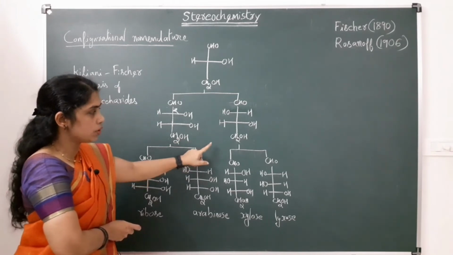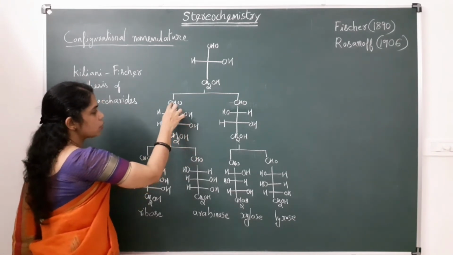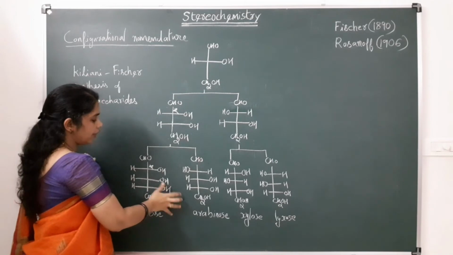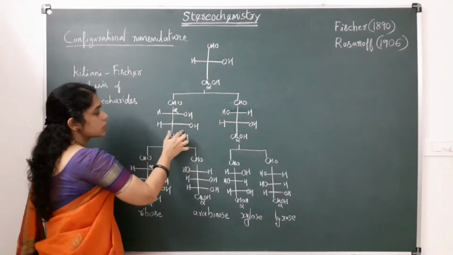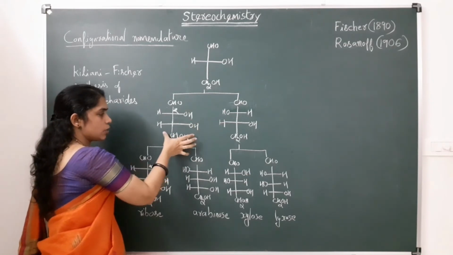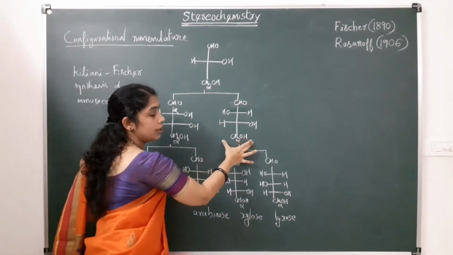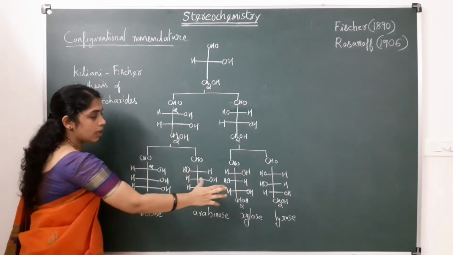These are tetroses, 1, 2, 3, 4, and these are pentoses, 1, 2, 3, 4, 5. In this tetrose series, this is called erythrose. The OH groups are on the same side, so this is called D-erythrose, and this is called D-threose, and these are all pentoses.